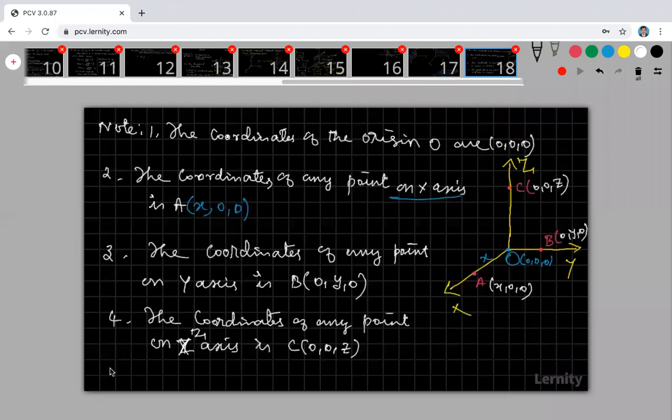Right. Another one. Please take the next one. The three coordinate planes.